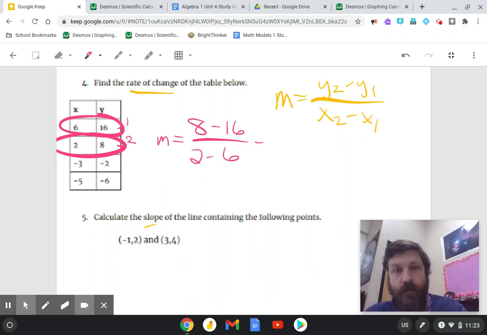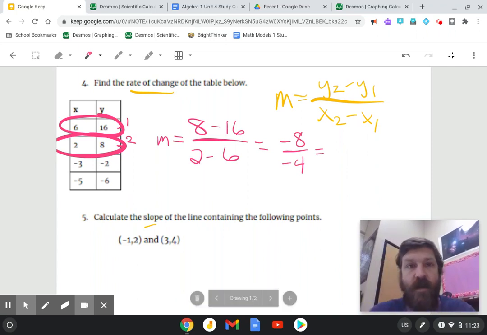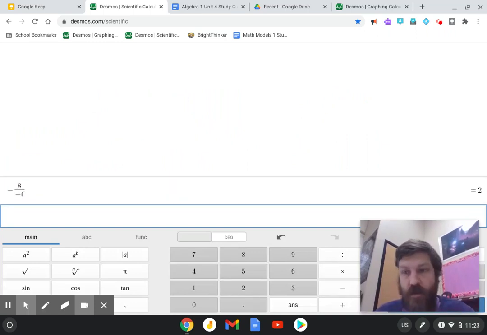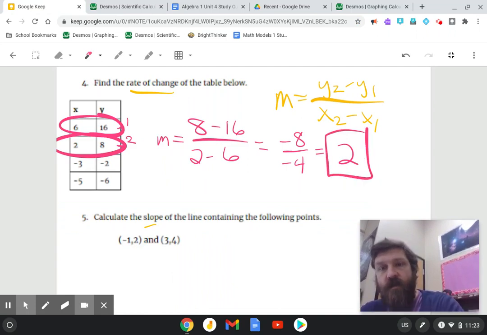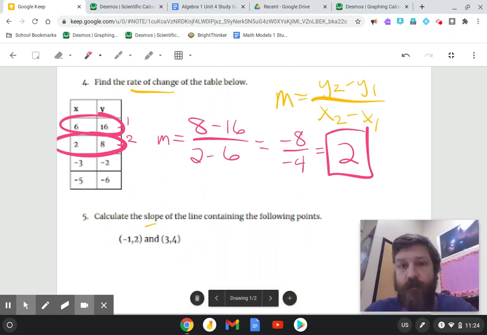Plug those in. 8 minus 16 is negative 8. 2 minus 6 is negative 4. Negative 8 divided by negative 4. Let's see if that reduces. And we get 2. So that is the rate of change for that table. And you could pick any pair of values and it will give you the same result.